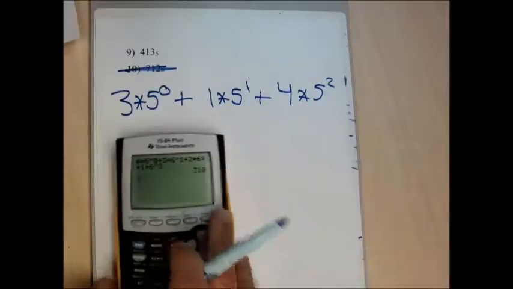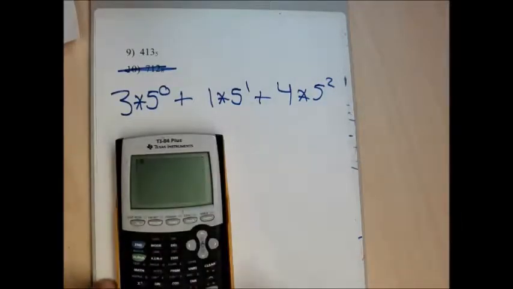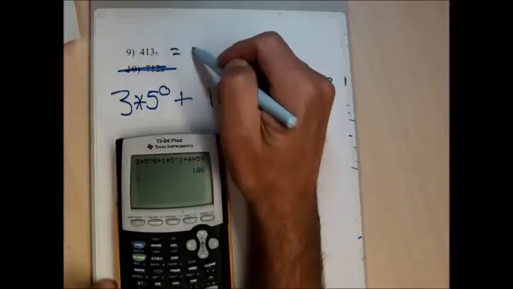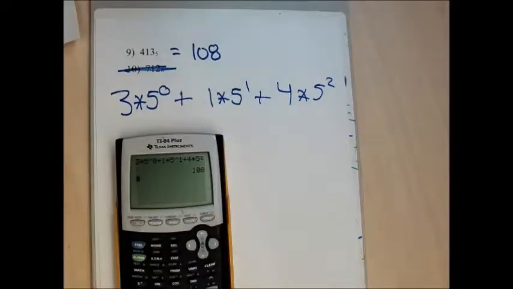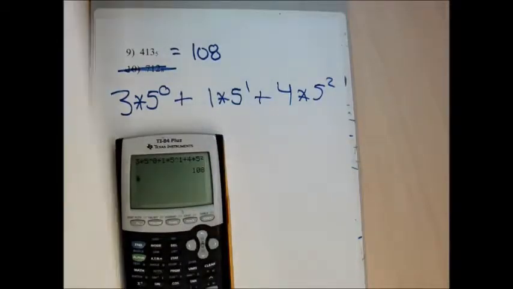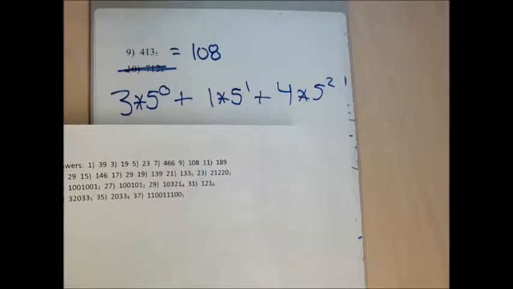No desire to do that by hand. I can definitely be more clever about pressing buttons on my calculator than I'm being. I could do some of the exponent work in my head, but I don't really need to. So I get 413 base 5 is equal to 108 base 10, and that matches up perfectly.